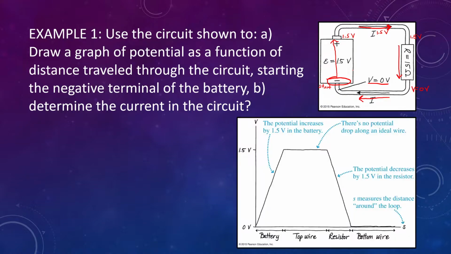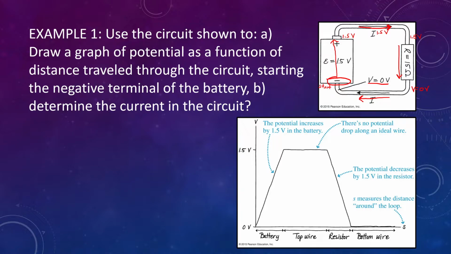So overall, our graph would look something like this. We start at the negative terminal of the battery with 0 volts. That is our starting point. We move up through the battery. It supplies us with potential, and in this case, 1.5 volts. So our graph is increasing from 0 to 1.5 volts.